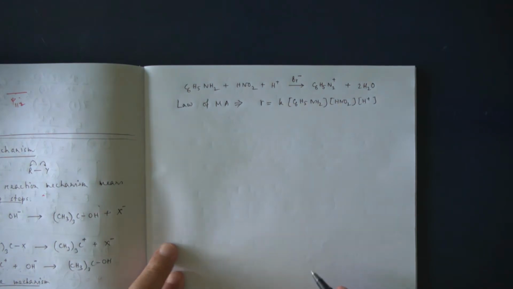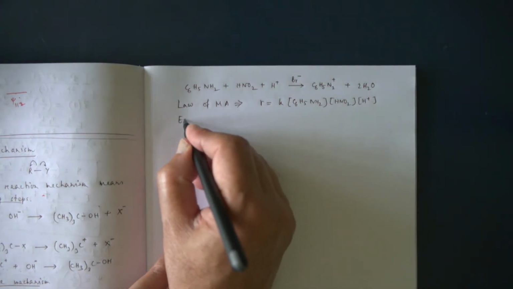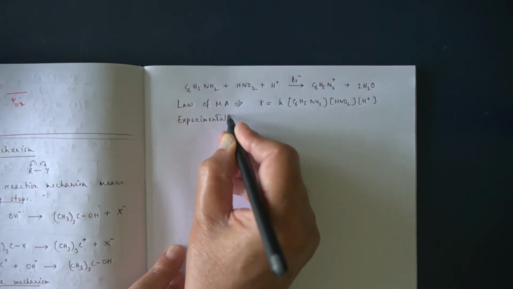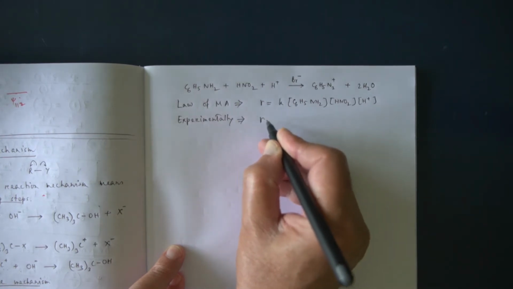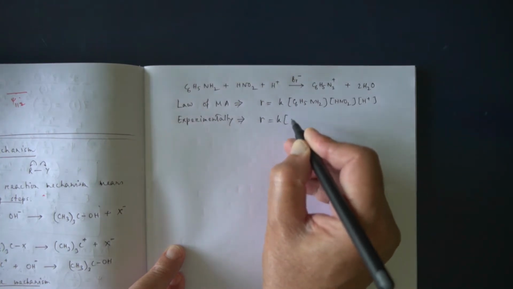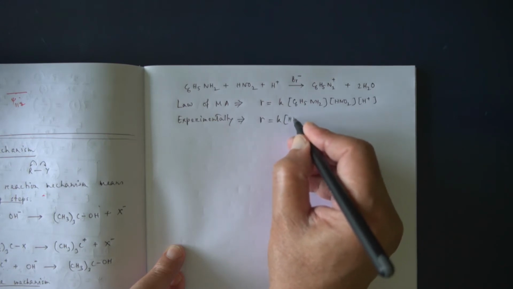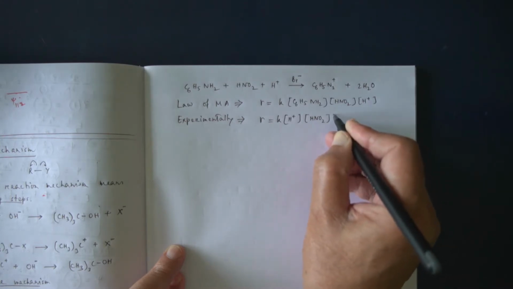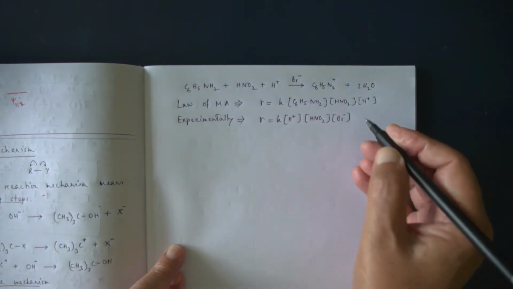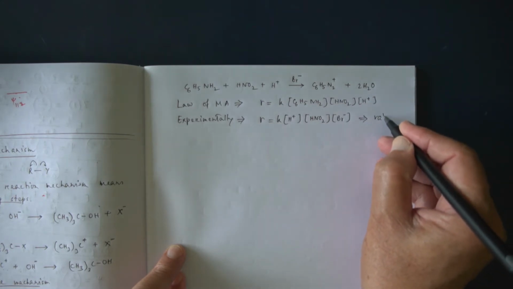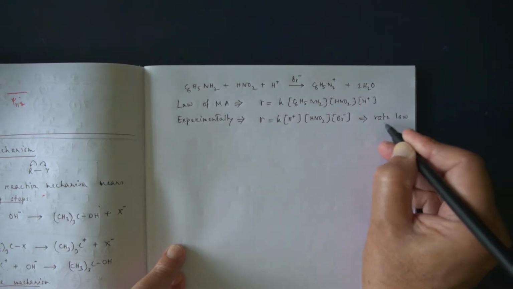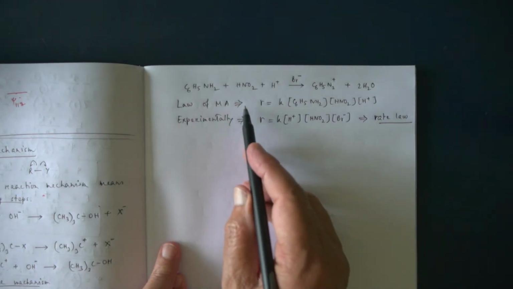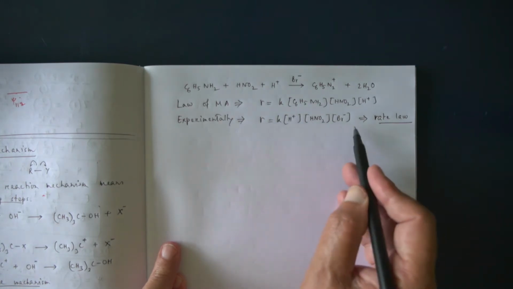But experimentally it is found that R equals some constant into H plus, HNO2 and Br minus. So this is the rate law. Clearly, the law of mass action does not agree with the experimental rate law.